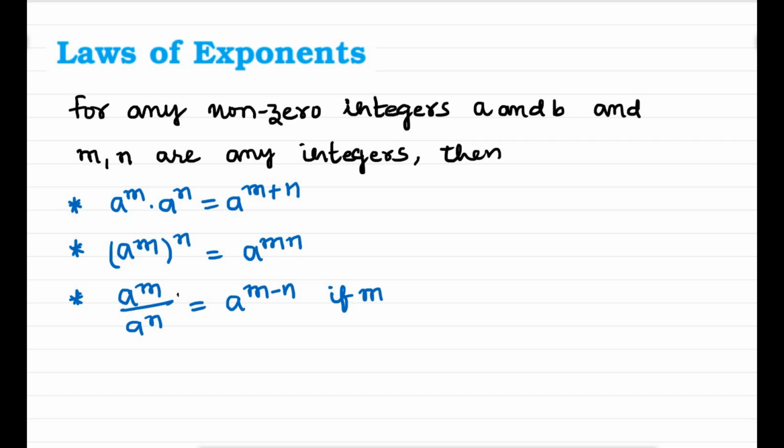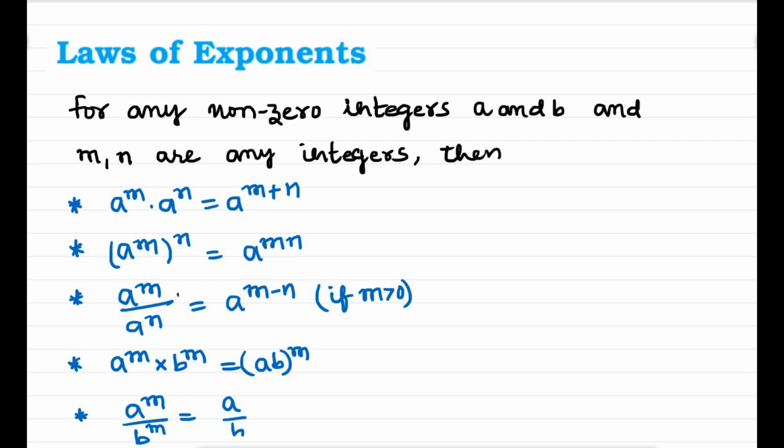Here, m is greater than n. And a to the power of m times b to the power of m can be written as ab whole power m, and a to the power of m by b to the power of m is equals to a by b whole power m.